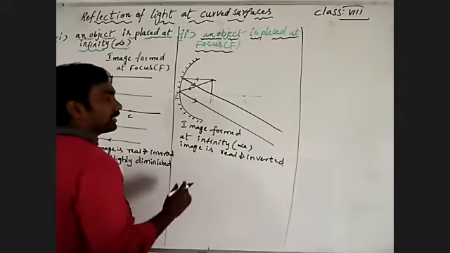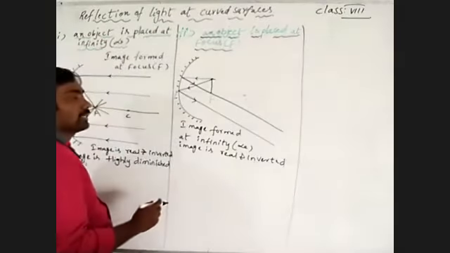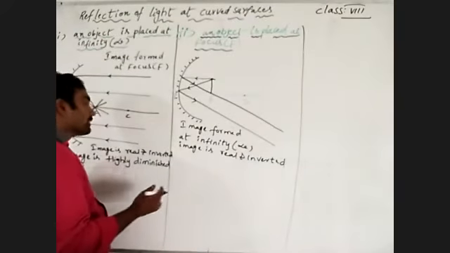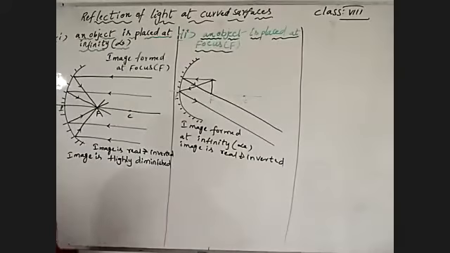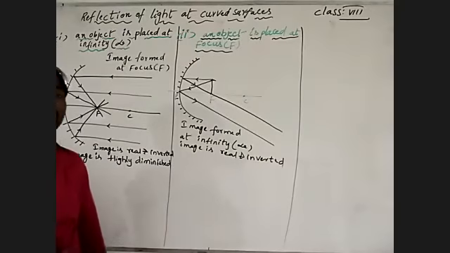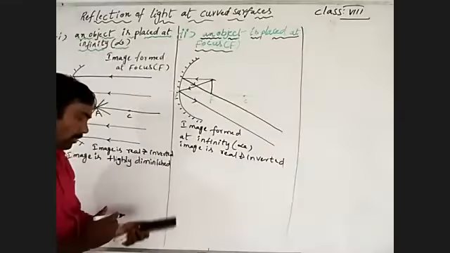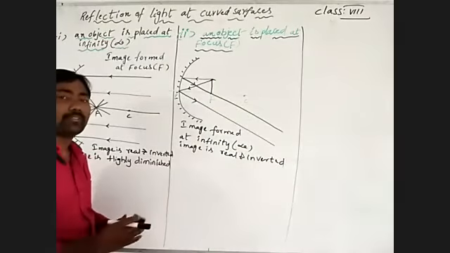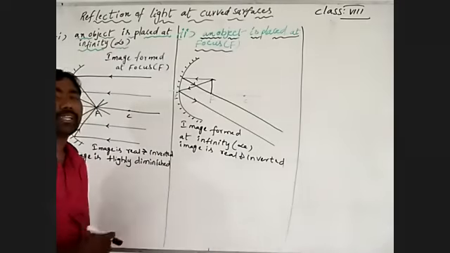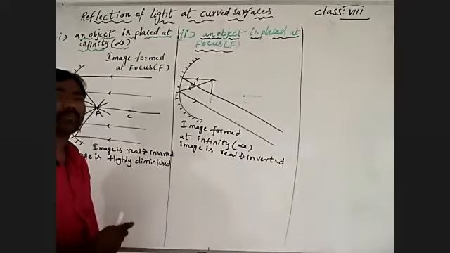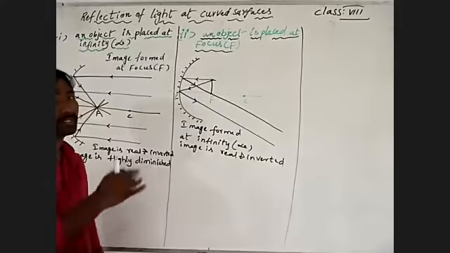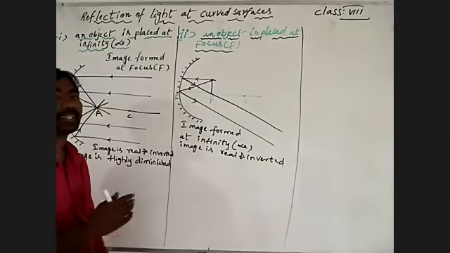Real and inverted. And also, what is the character of the image? It is forming at infinity, which we cannot see, so we cannot predict what type of image it is.